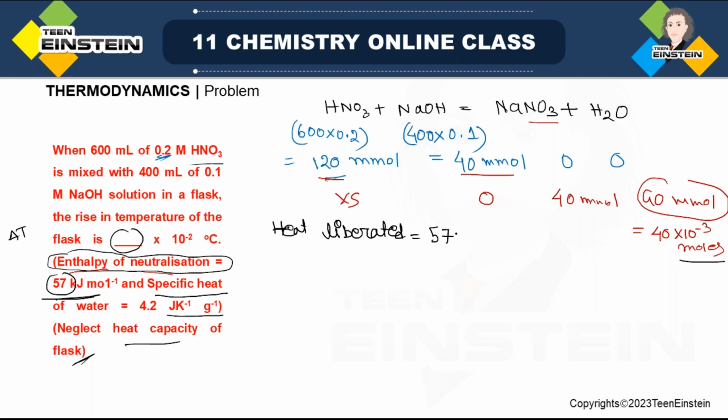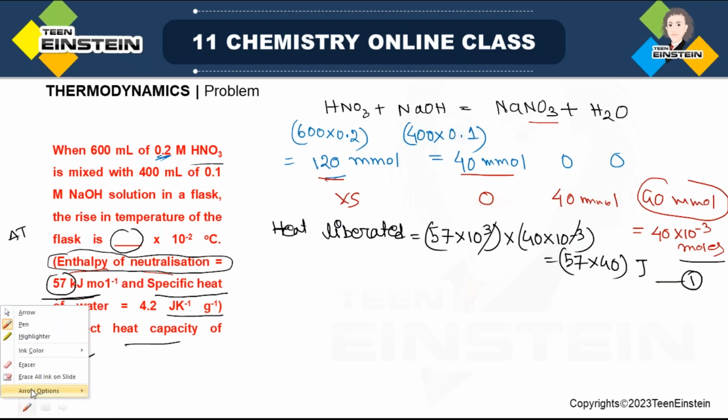We will convert it to joule, so 57 × 10^3 multiplied by the total number of moles involved, which is 40 × 10^-3. These two will be cancelled, and you are left with simply 57 × 40. You don't have to do the calculation here, we'll do it finally. Suppose this is equation number 1.